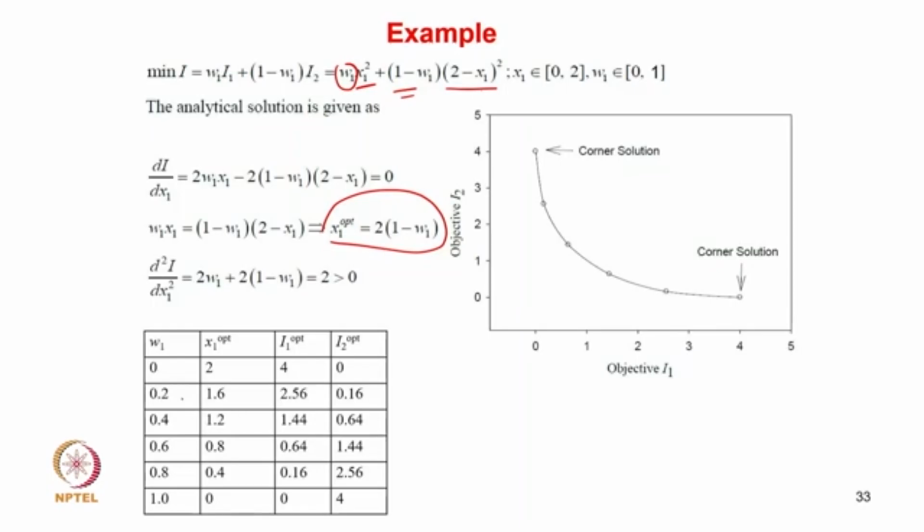Now I vary the weight: 0, 0.2, 0.4, 0.6, 0.8 and 1. You can see that we get different solutions, and these are shown in the Pareto optimal front. So this is just a simple illustration of the weighted sum method to solve multi-objective optimization. So we stop here.